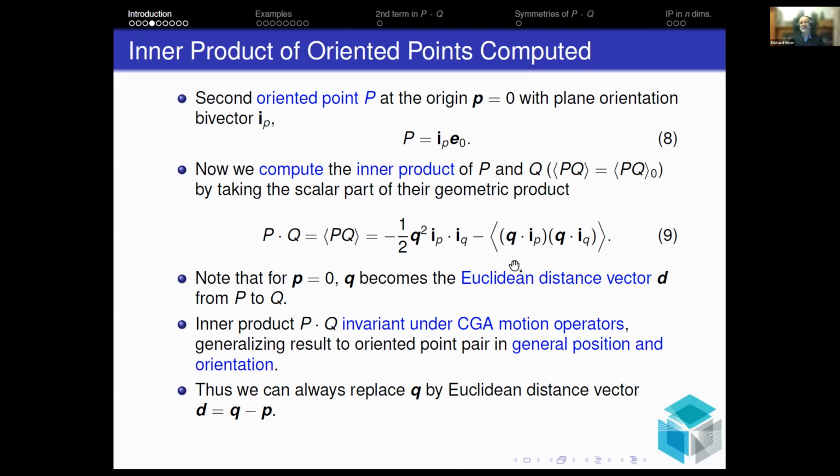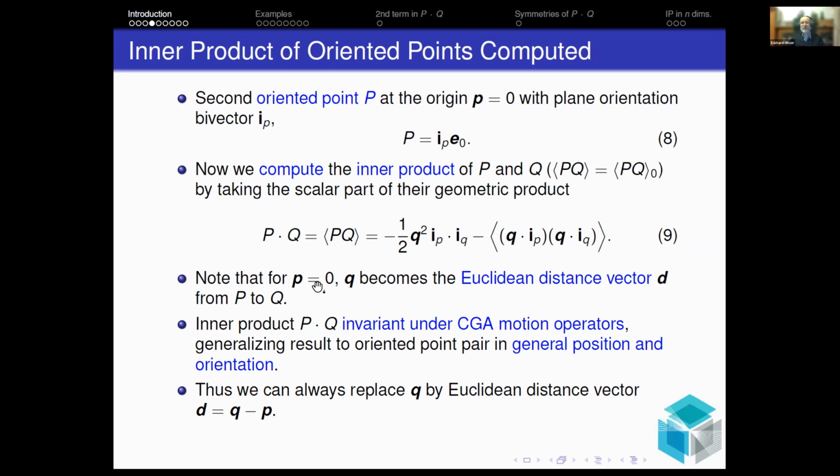And we find it's a relatively simple expression, number 9 here: minus 1/2 q squared IP dot IQ, the inner product, minus the inner product of Q with IP times the inner product of Q with IQ, and take the scalar part of that.